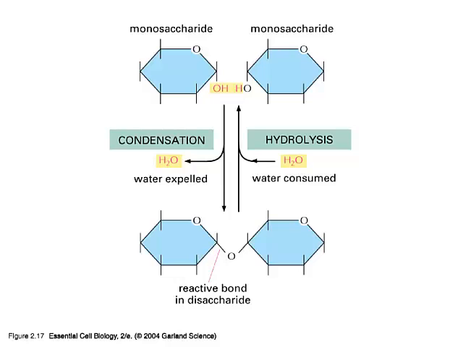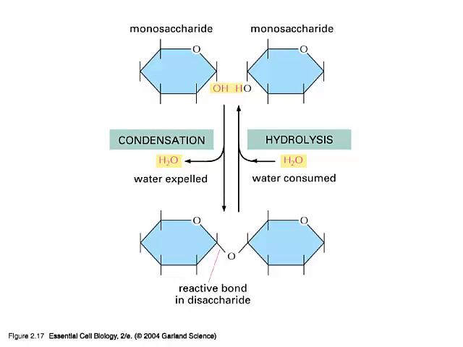So covalently bonded to form a disaccharide, oligosaccharide, polysaccharide, which are later broken down by hydrolysis. So the introduction of water to break these covalent bonds in order to bring it to its usable form.